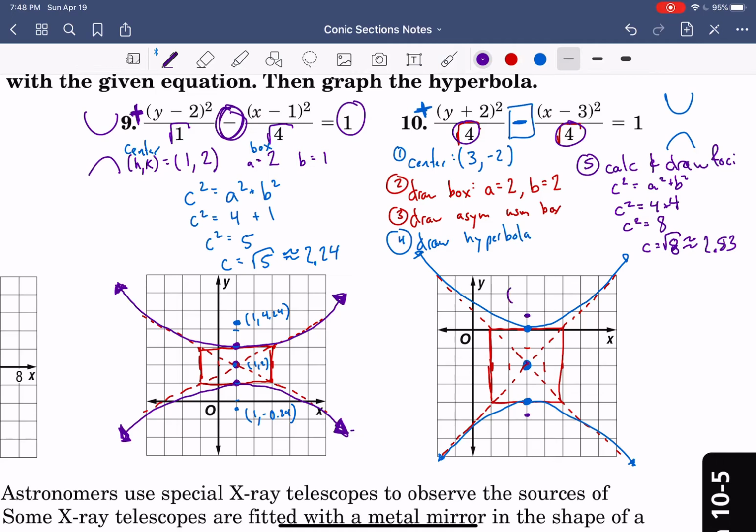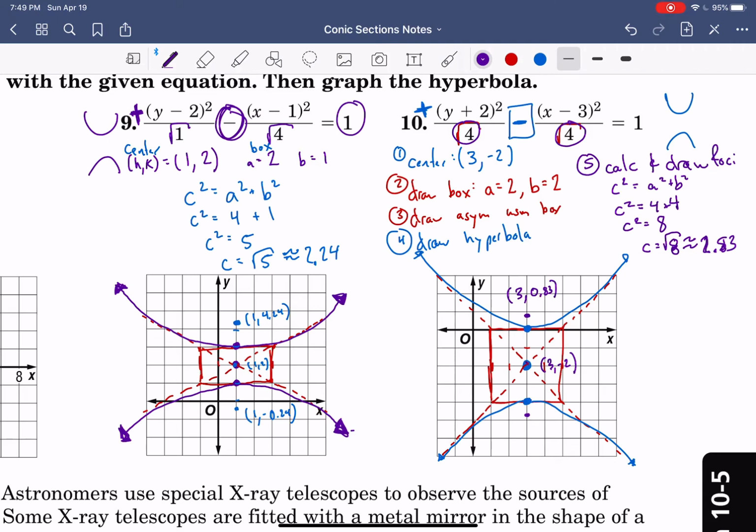We can figure out the foci, which is one of your Khan Academy questions, by actually adding and subtracting that from our center. So our center was at 3, negative 2. So if we add 2.83 to our center in the up direction, that means we're adding it to y. So we get 3, 0.83.